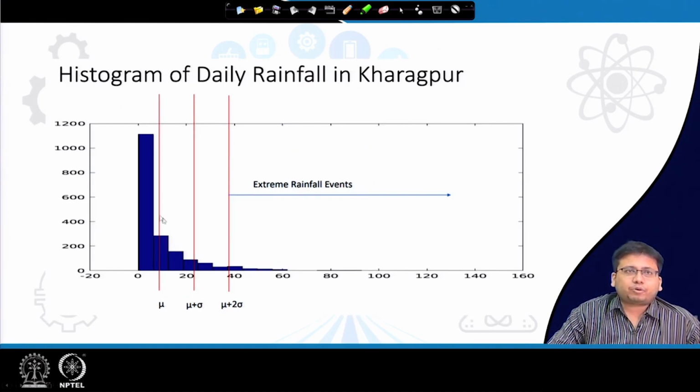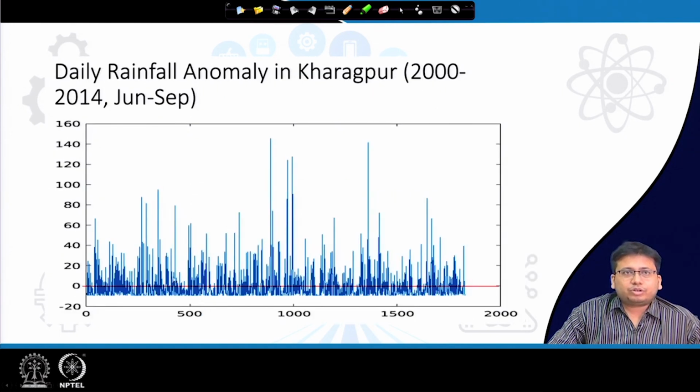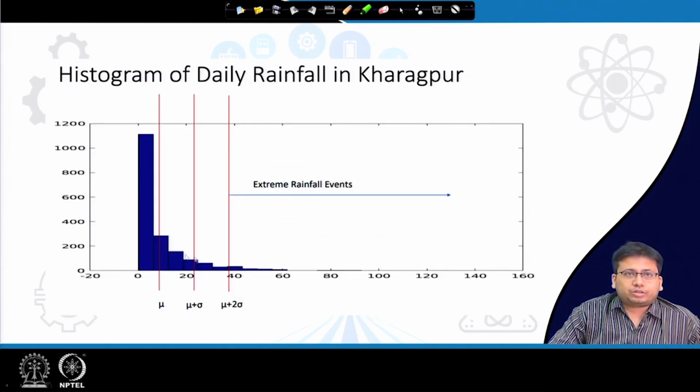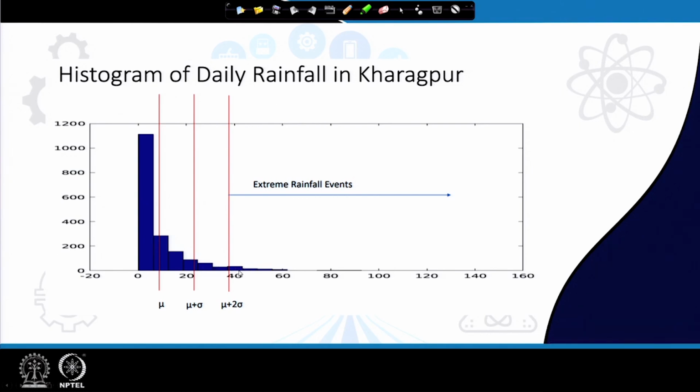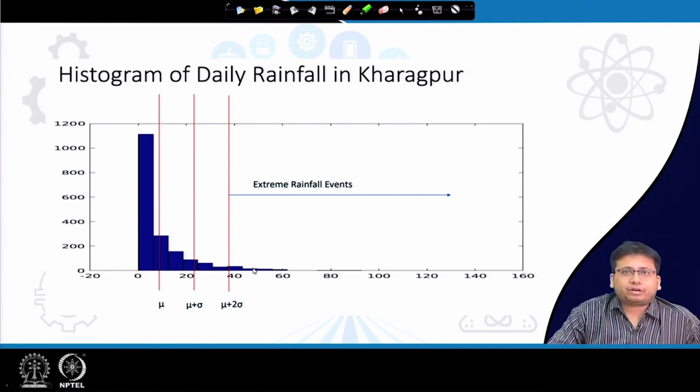Now, let us say we plot the histogram of these values. You can understand that on most of the days the values are actually quite low, so it is 0 or close to that. We see that it is the small values which have the maximum frequency, and the higher the values are, the lower the frequencies. In fact, it is quite rare for any day to have, let us say, more than 40 millimeters of rainfall.